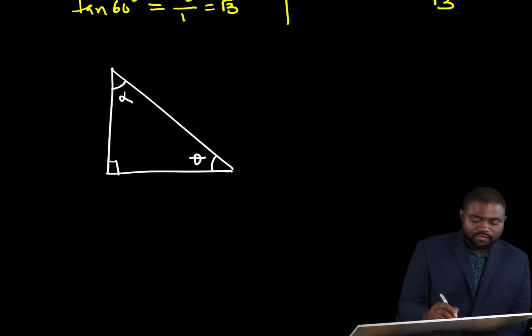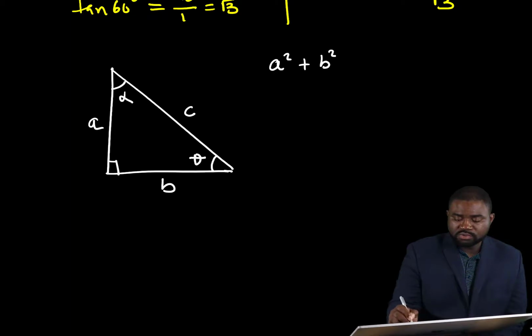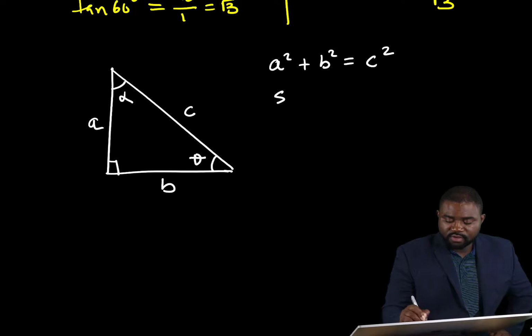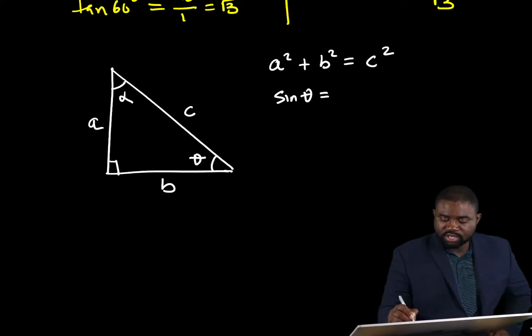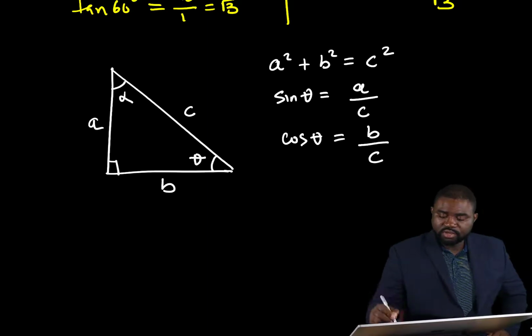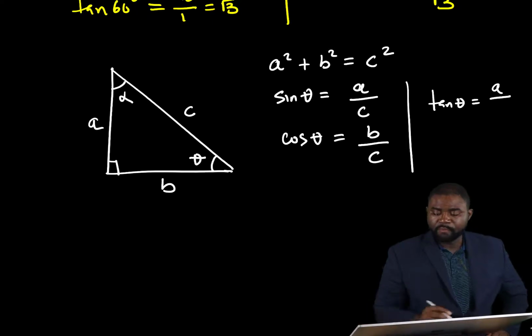This side here is C, this is A, this is B. Obviously, A squared plus B squared is equal to C squared. We know that sine theta is opposite, which is A, divided by the hypotenuse, which is C. Cosine theta is adjacent, which is B, divided by the hypotenuse, which is C, and the tangent of theta is opposite, which is A, divided by the adjacent, which is B.